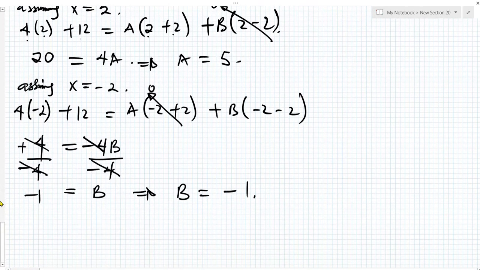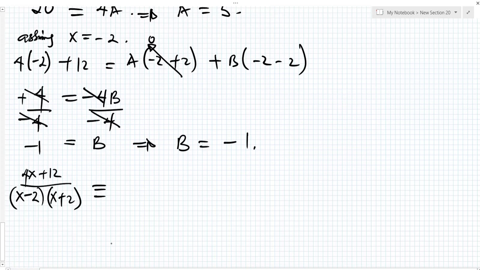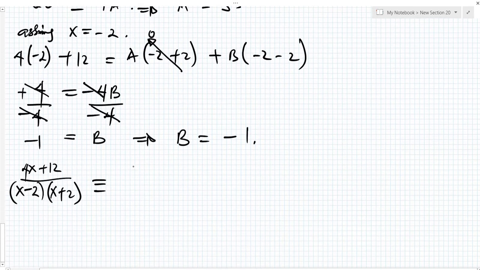So introducing this into this equation, that means 4x plus 12 divided by x minus 2 times x plus 2 is equal to 5 all over x minus 2 minus 1 over x plus 2.